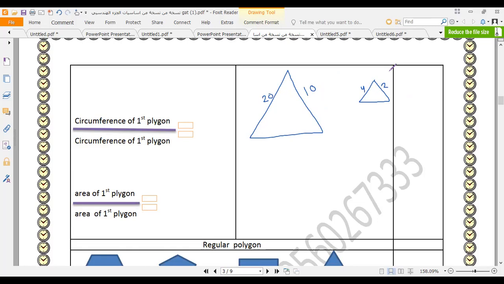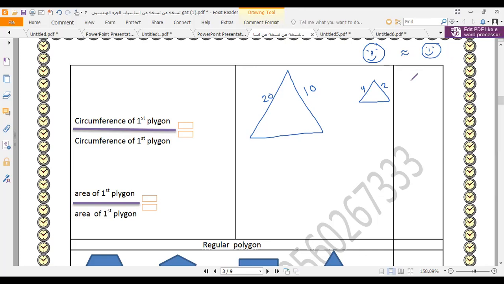Like for example, in our family, if I have a newborn baby, and this is the grandfather of this baby. If you look, they are similar, but they are not identical. You understand the difference? They are not identical, but they are similar.